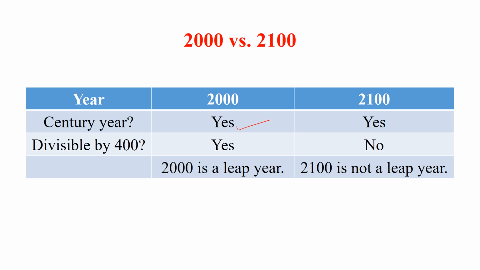Both are century years, whereas 2000 is divisible by 400 and 2100 is not divisible by 400. So 2000 is a leap year and 2100 is not a leap year.